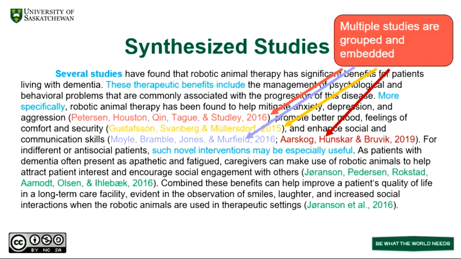So we can put those studies quite closely together to show how we have a sense of agreement among multiple scholars that, yes, this is a shared benefit or shared outcome as it relates to this particular intervention.